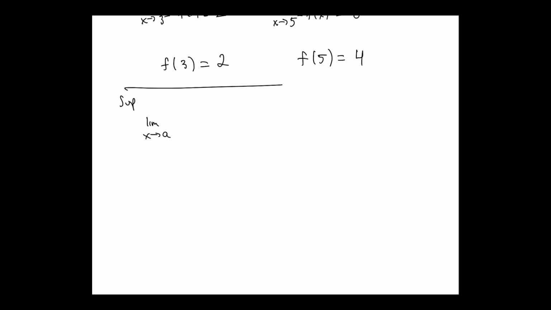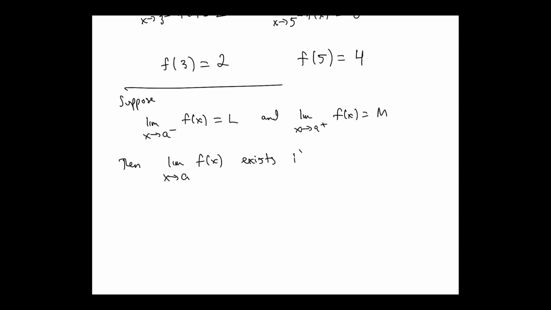So suppose the limit as x approaches a from the left is L, and the limit as x approaches a from the right is some number m. Then the limit, okay, so notice that there's no decoration on the a there.